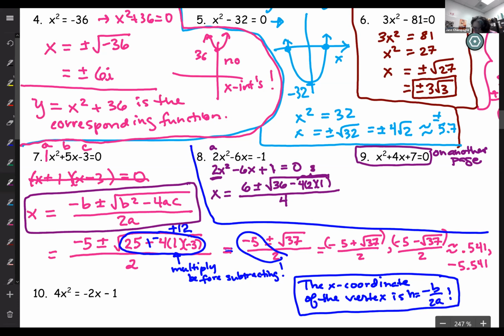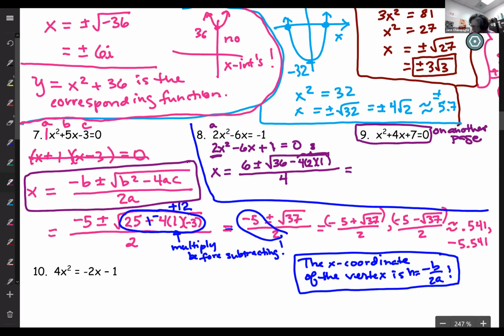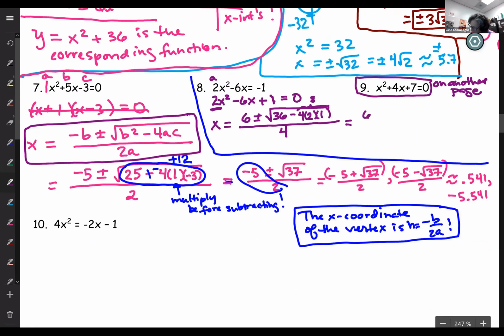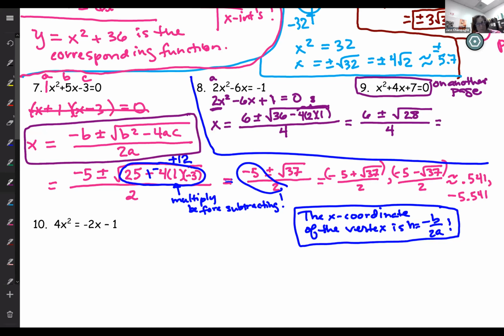So we've got 36 minus 8 under the radical, which is 28, isn't it? Here's where you've got to be careful about reducing, because 6 over 4 reduces, but the square root of 28 is over 4 also.